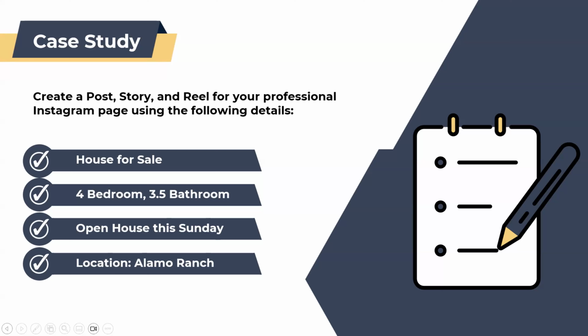That's something else that you can use when you're posting something. You can use the story to say new content available, new house for sale, see my page, details in bio. Have them go to your page from stories by doing a call to action in the story.